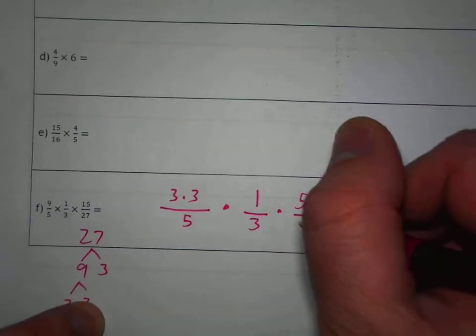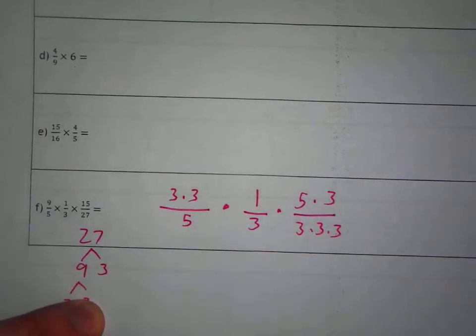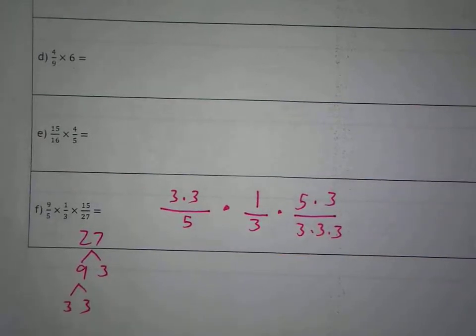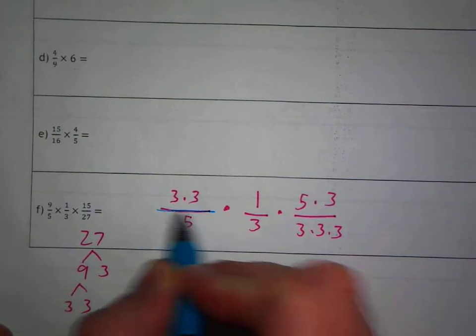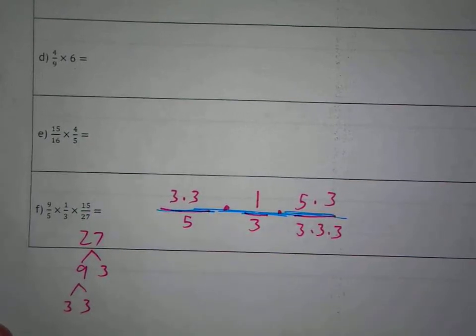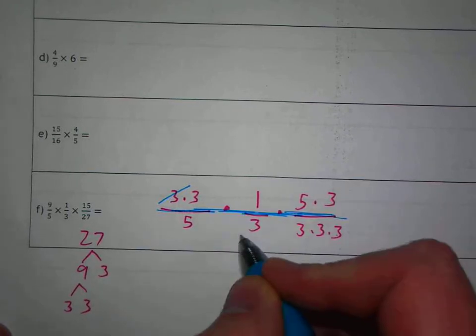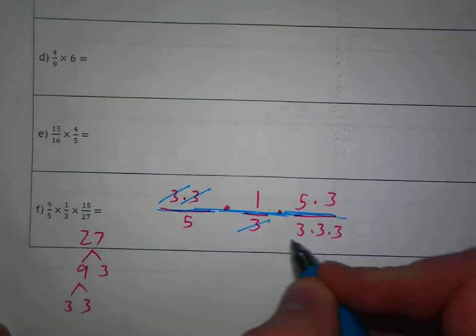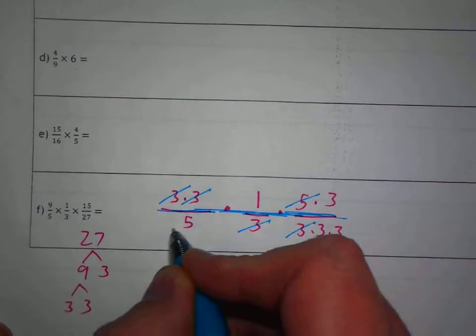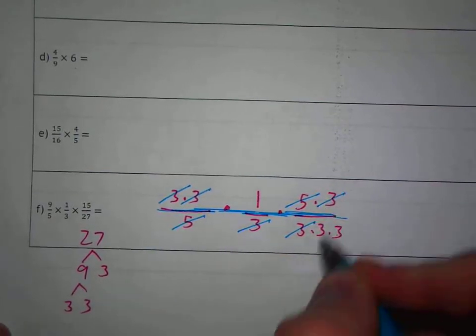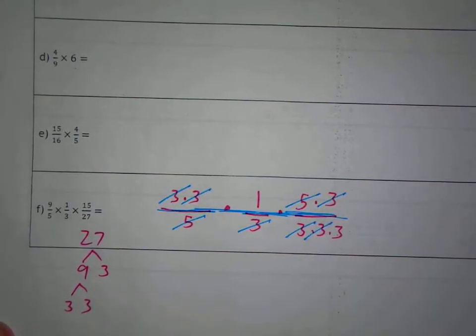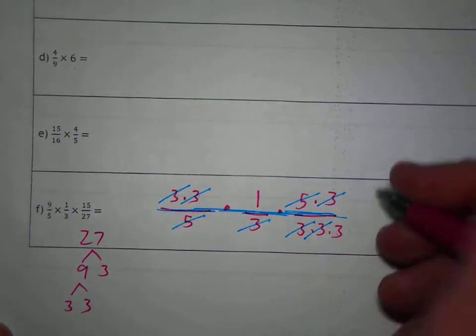So it's 3 times 3 times 3. And so since you're multiplying, you could just make this one large fraction and then just cancel out like terms. So 5 by 5, 3 by 3, 3 by another 3, and you're left with 1 over 3.